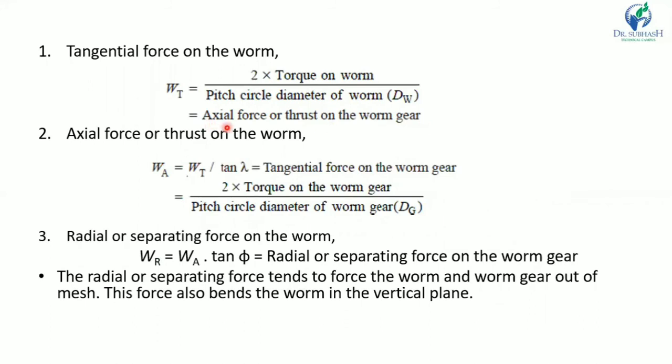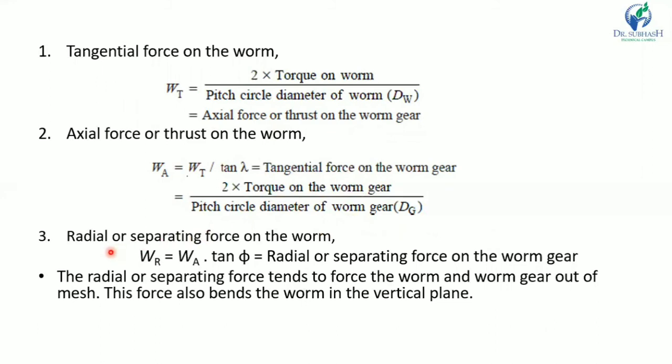Now the axial force or thrust on the worm gear, WA, is equal to WT upon tan lambda, equal to the tangential force on the worm gear. So it is given by 2 into torque on the worm gear upon pitch circle diameter of the worm gear, dg.